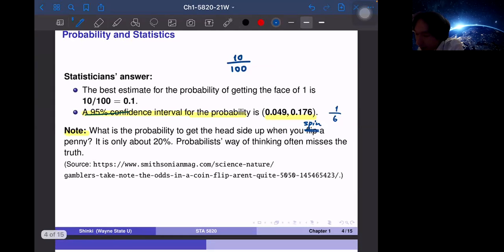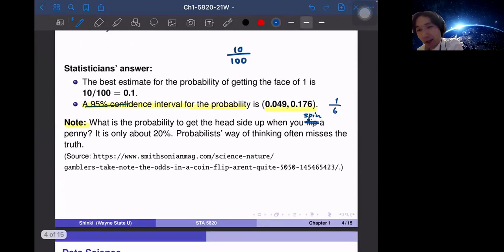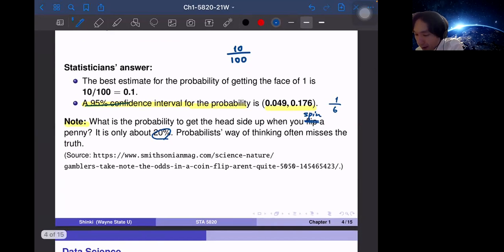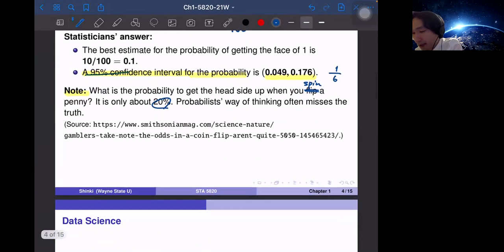This is the difference between the probabilistic way of thinking and the statistical way of thinking. Of course, probability theory can be constructed based on this 20% probability, and then you can get more accurate inference. But this is the fundamental difference between probabilists and statisticians. Probabilists start with mathematical assumptions. Statistics is based on the data.